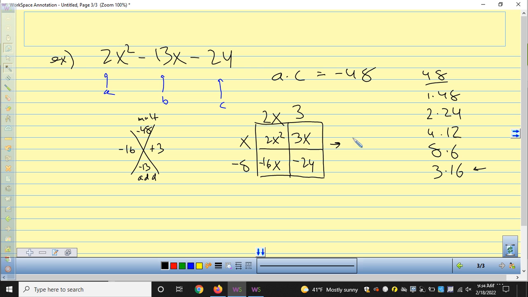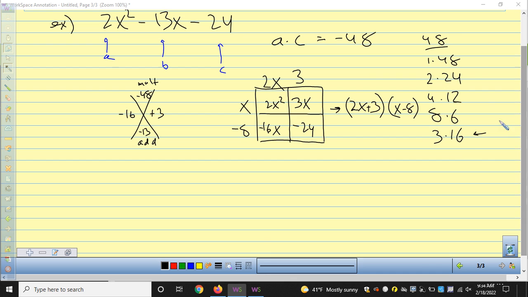So we end up with 2x, sorry, plus 3, times x minus 8. So a little more here, because when the numbers get bigger, there are more factors, and it's a little trickier to find the greatest common factor.